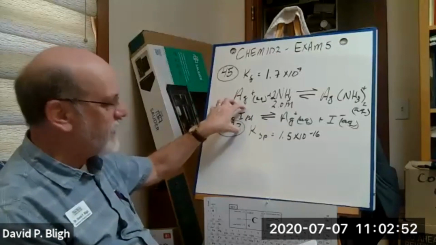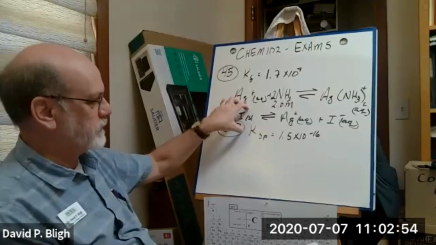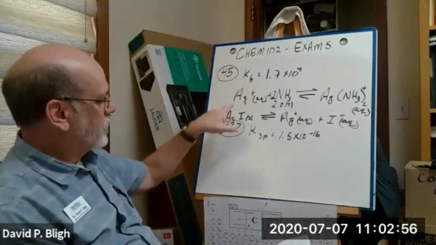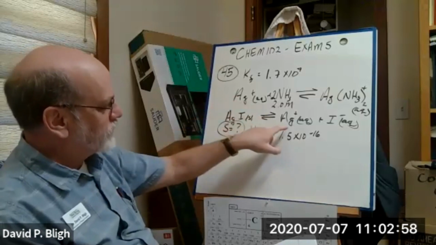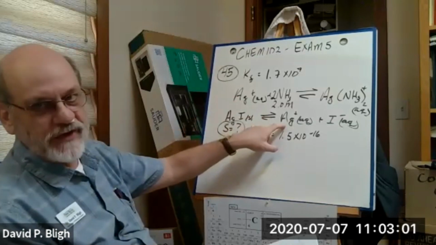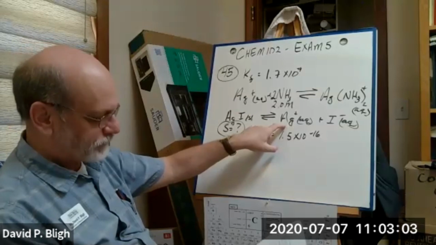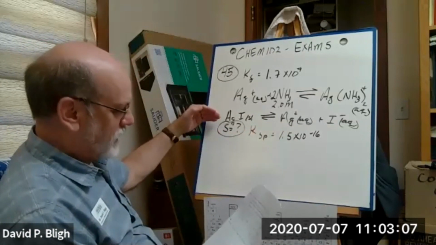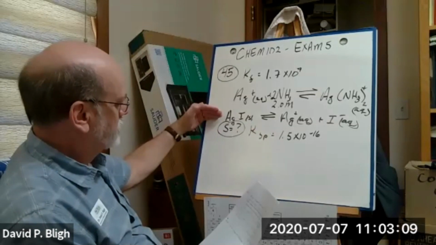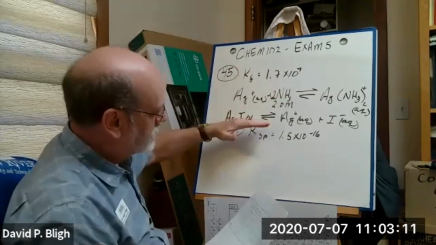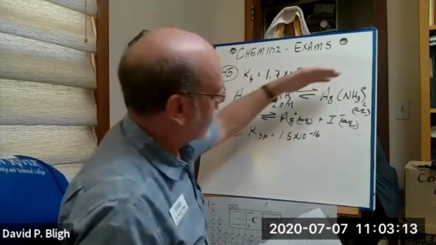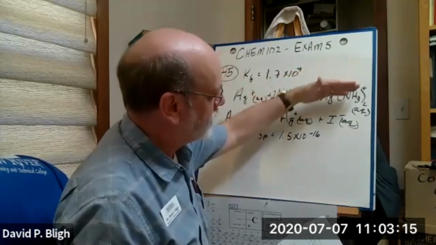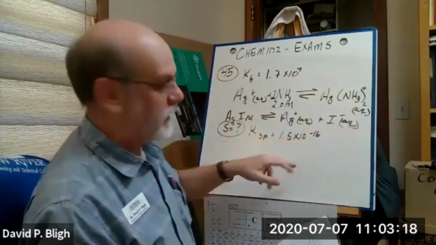So we have to keep that one in the final equation. We can get rid of the silver ion because it's on both sides. They're arranged so that silver iodide and ammonia are on the left side, and then on the product side, we have the complex ion and the leftover iodide ions.